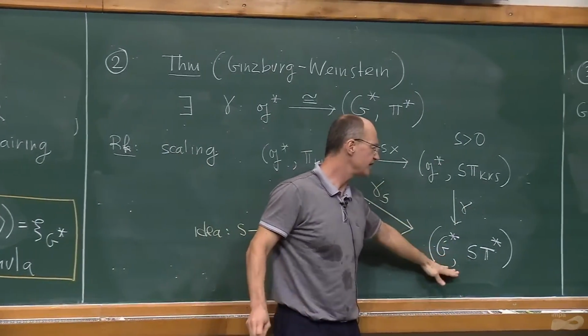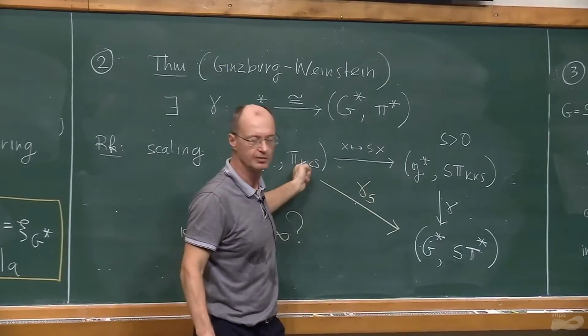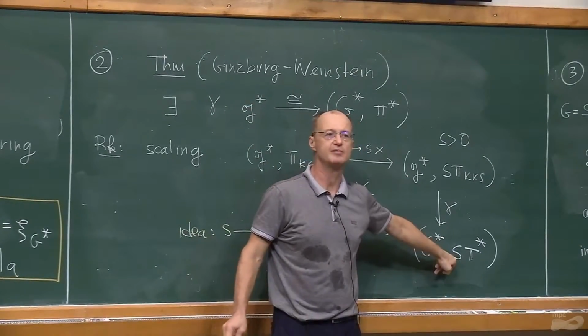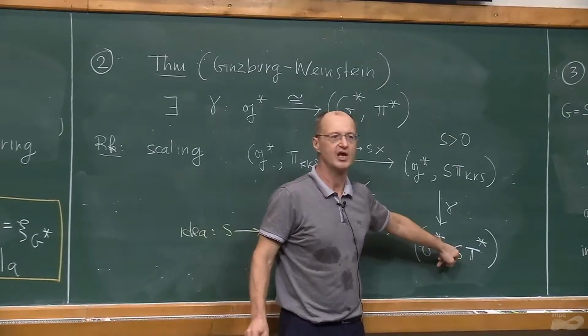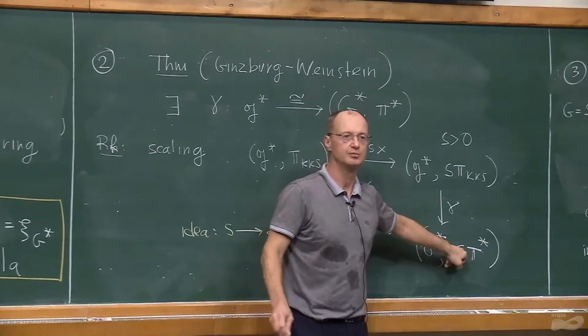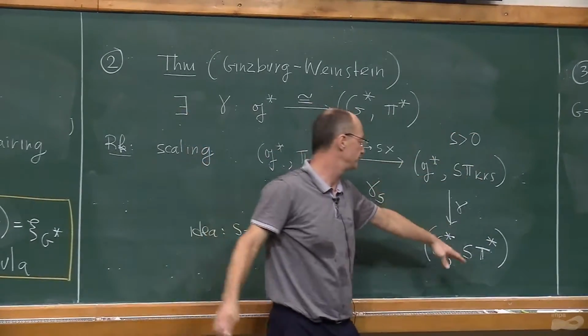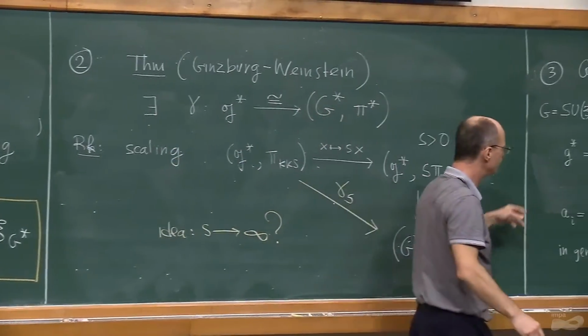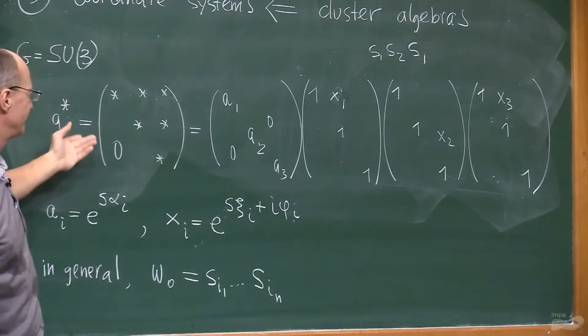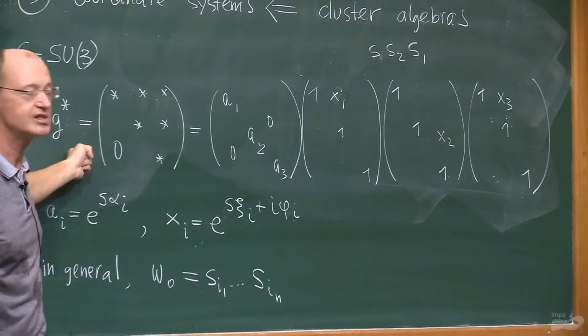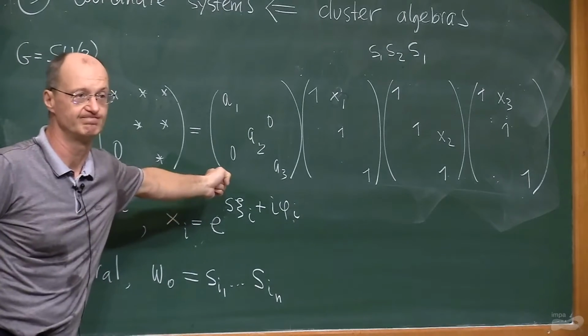We now replaced it. This was more or less understandable. We replaced it by some incomprehensible bracket on capital G star, which in addition to everything, when s goes to infinity, it probably blows up. Now we introduced an even less comprehensible coordinate system, which also contains s.